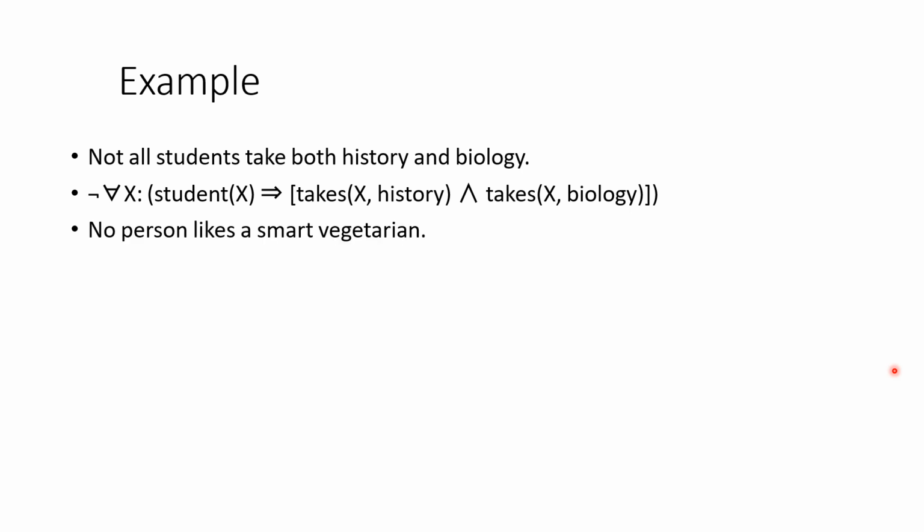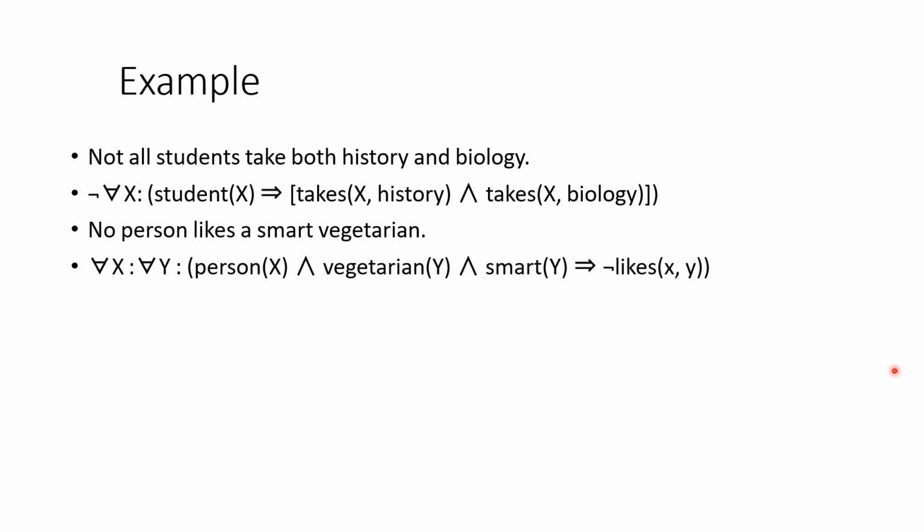No person likes a smart vegetarian. Here you can see for representing X, we are putting the universal quantifier for all X, because no person likes a smart vegetarian. So that means all persons.